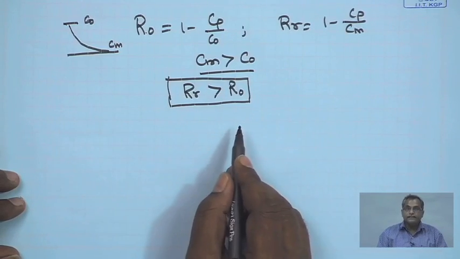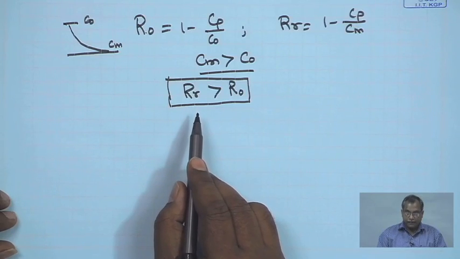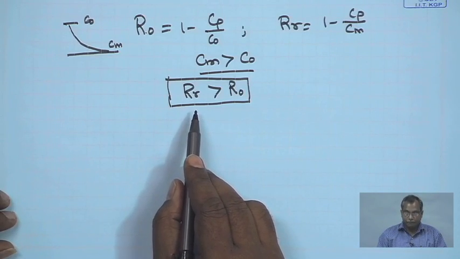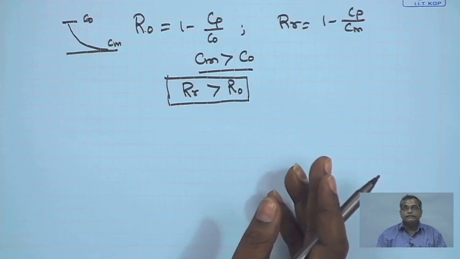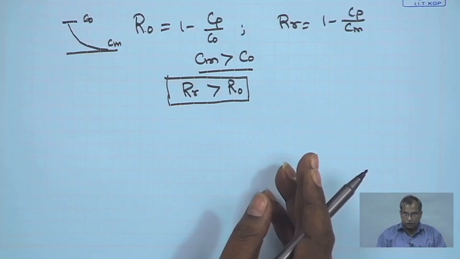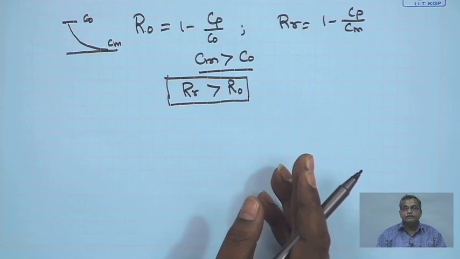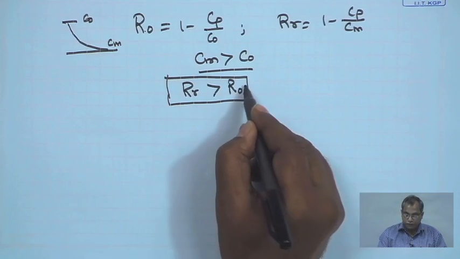Real retention is basically the actual capacity of the membrane for separating a particular solute, or it represents the actual selectivity of the membrane, but this is not measurable directly. Directly, we can measure the system performance through observed retention.